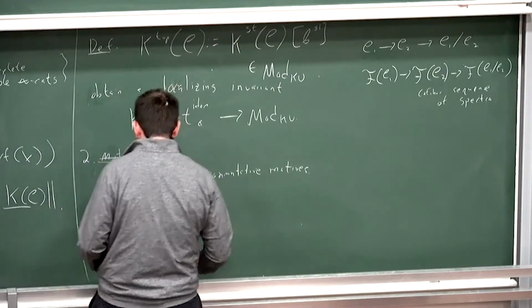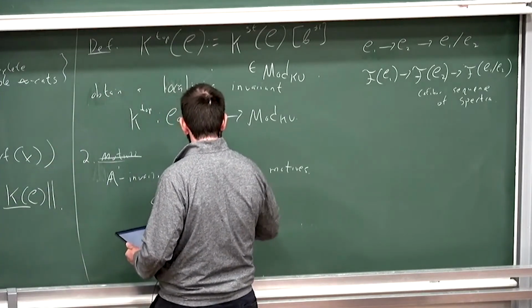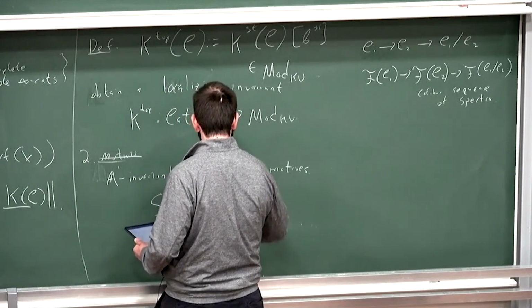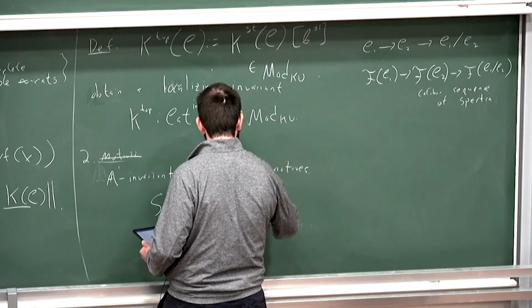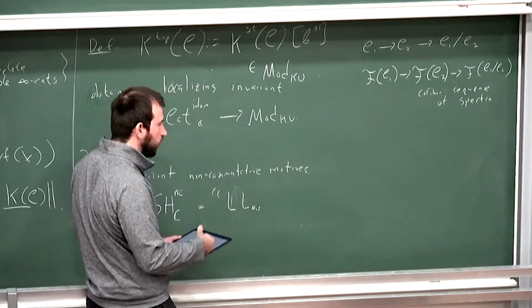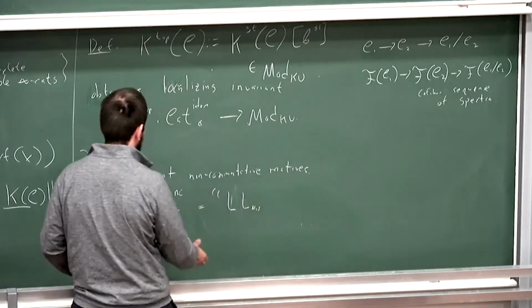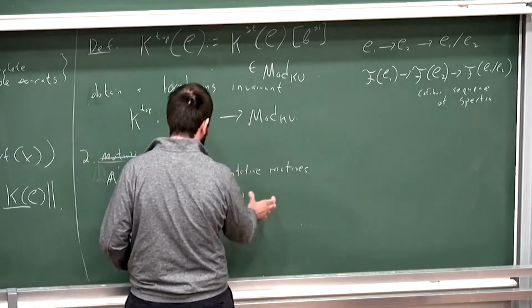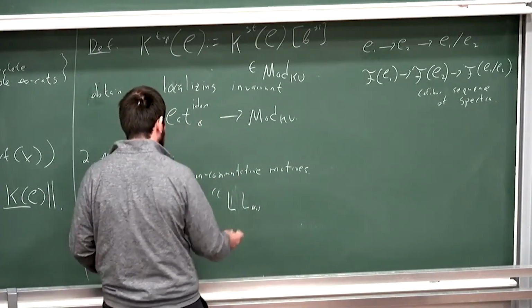I'm not going to spend so much time defining it, but we can think of this as, right, there's a localization called the Nisnevich localization, which is compatible with Nisnevich sheafification, but it's not exactly a sheaf condition.